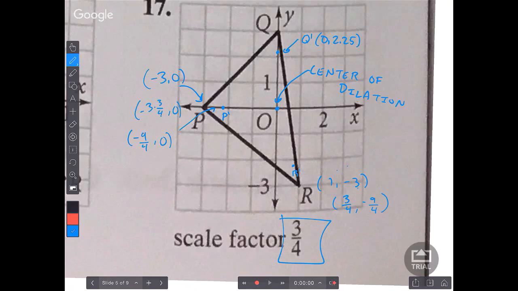R prime. So there's Q prime, R prime, and P prime. Sweet. We did it. There was a dilation. Everything shrunk towards the center.